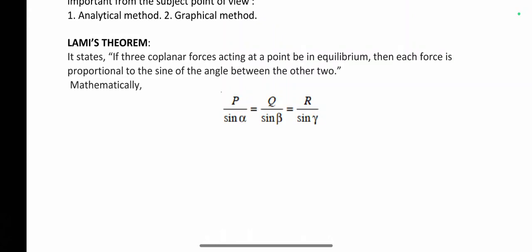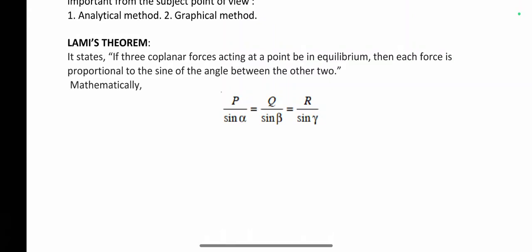What we understood from the three force principle is that if three forces are acting, the resultant of two forces must be equal, opposite and collinear to the third force. Here in Lami's theorem, also three coplanar forces are there and they are in equilibrium.